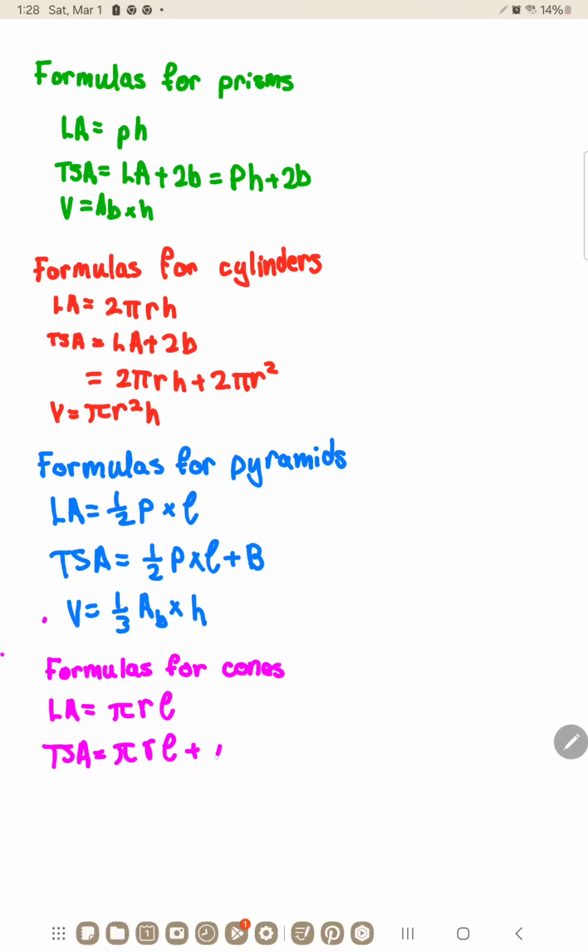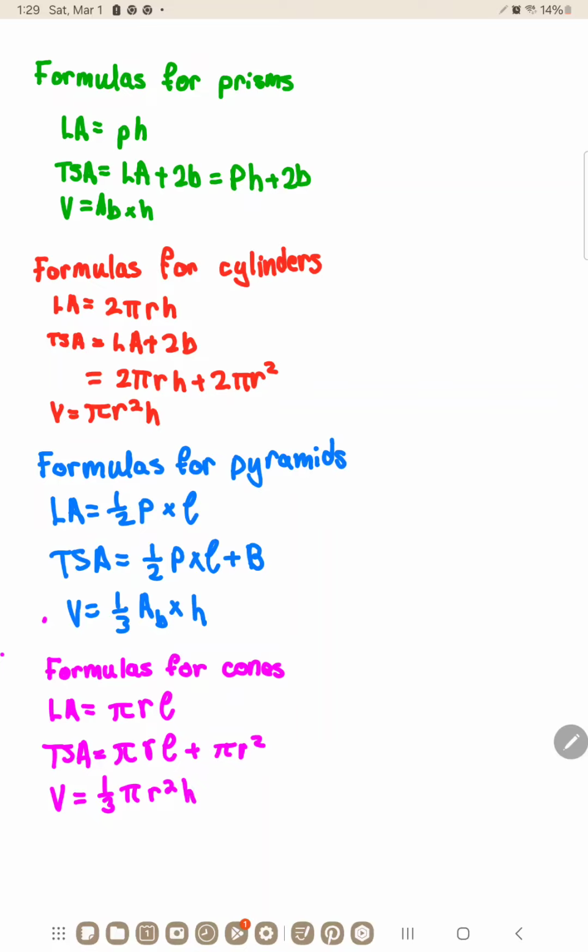And then you have the volume of the cone, which is equal to a third pi r squared times height. Wait, sorry, a third area of base times height is the pyramid.